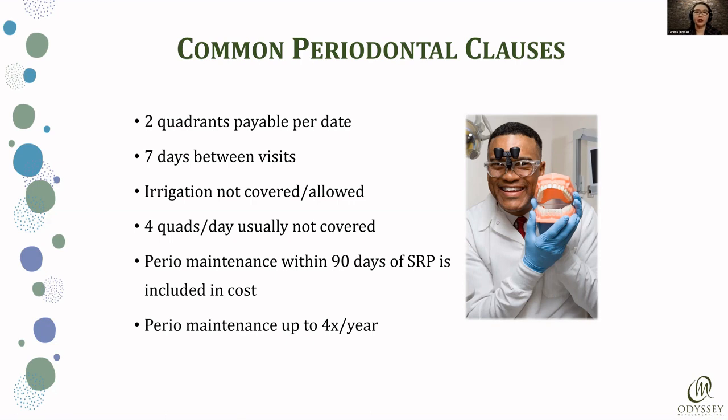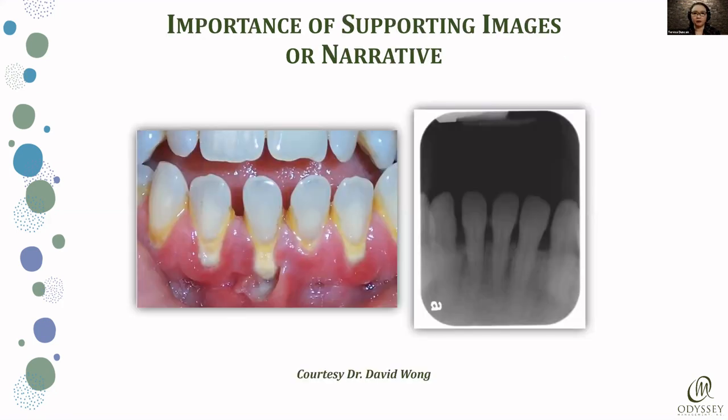A lot of times, 3rd and 4th perio maintenances in those situations are covered, which is great. But we definitely are seeing most of the time 3 to 4 times a year, but there are still an awful lot of plans that are still 2 times per year. You're just going to have to know the patient's benefits and make sure that you let the patient know what's going to be not covered so they can plan financially for it.